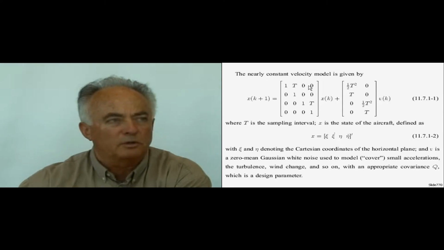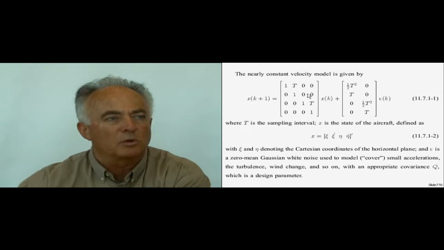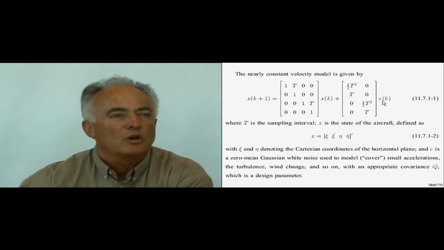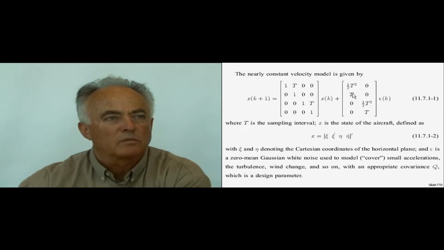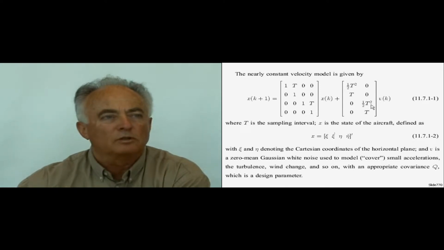They are decoupled. You can see the off-diagonal blocks are 0. The process noise in coordinate x, or psi, enters multiplied by T into psi dot and by T squared over 2 into psi. Another component, independent of this process noise, would enter similarly into the eta coordinate.